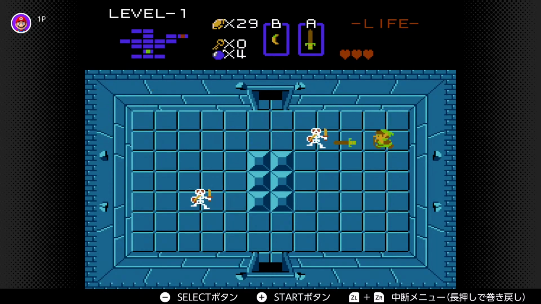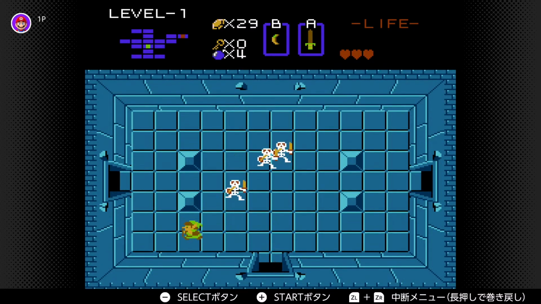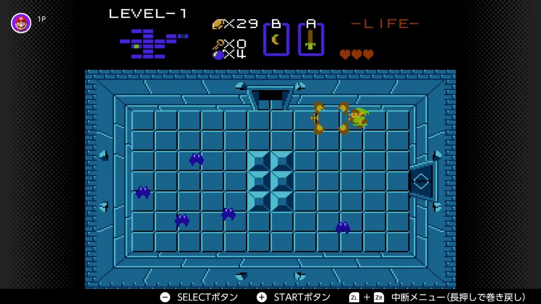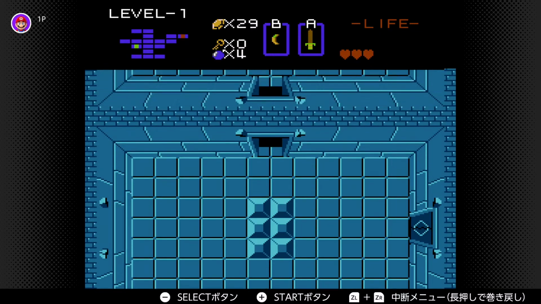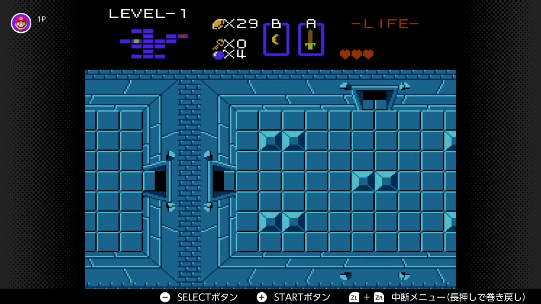Let's get back to the boss. While not defeating all enemies, but only the ones in our way, to avoid losing our health again. Okay.